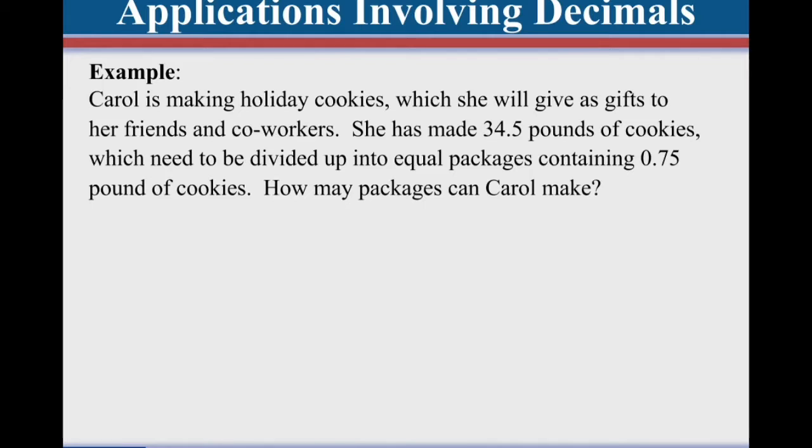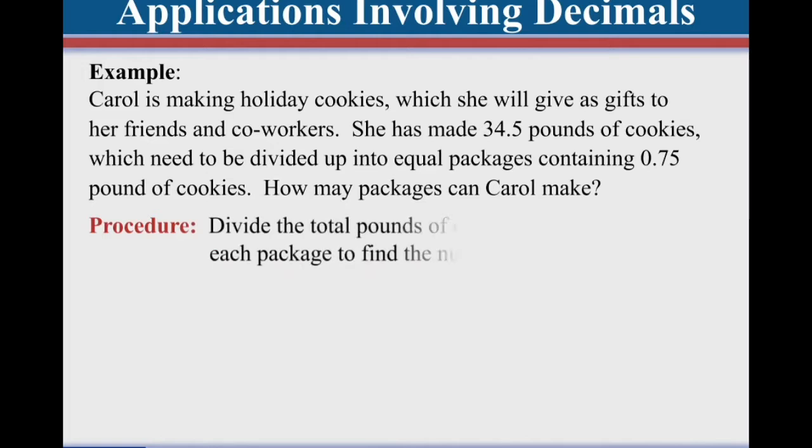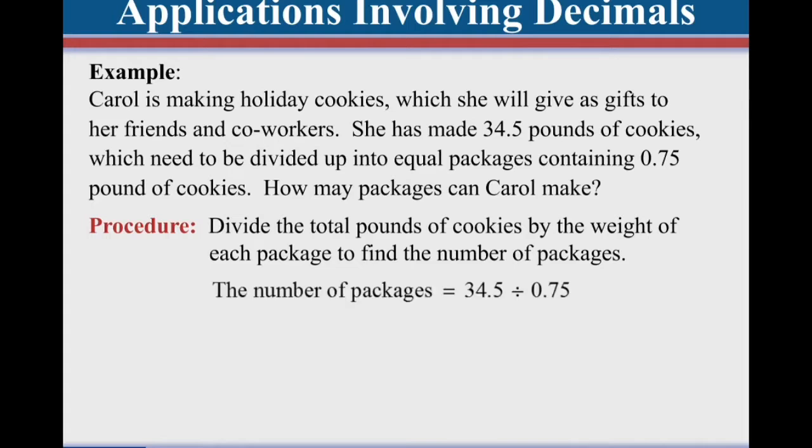Well, to do this, it's obviously a division problem where we're taking 34.5 pounds and dividing it into equal parts that are 0.75 pounds. So we divide the total pounds of cookies by the weight of each package to find the number of packages.